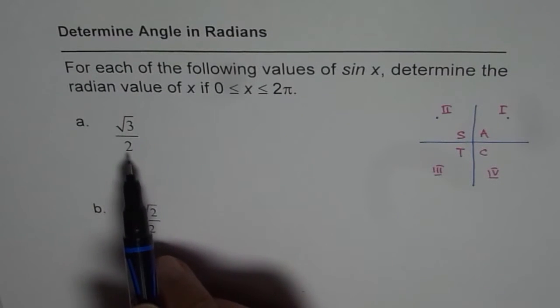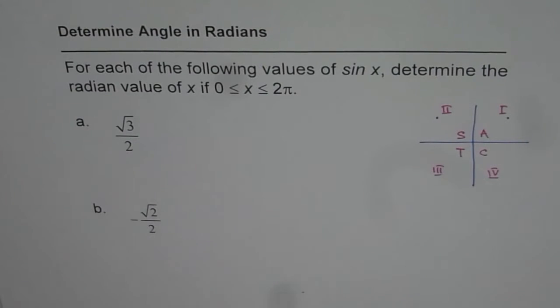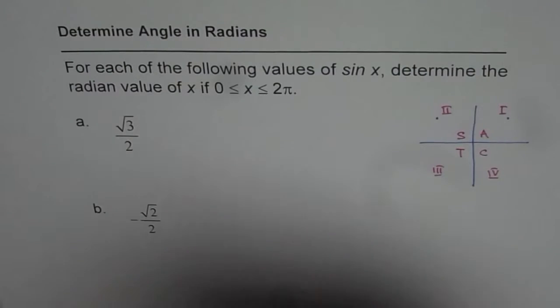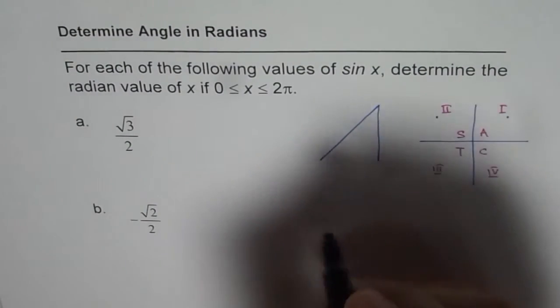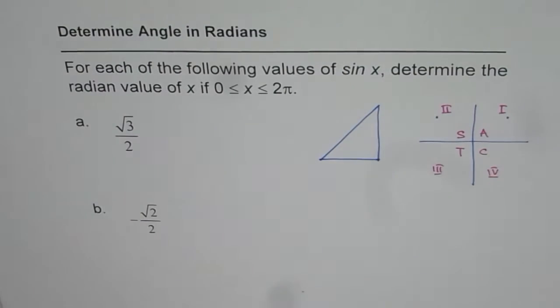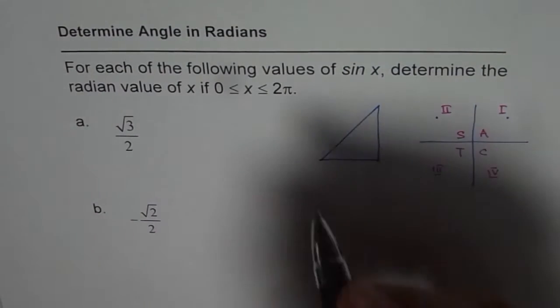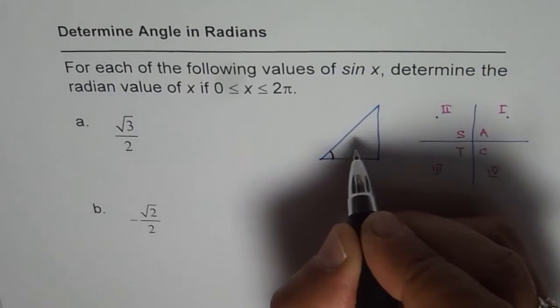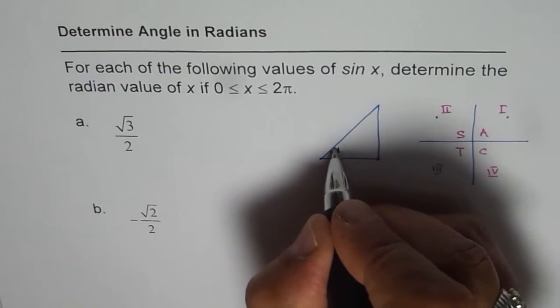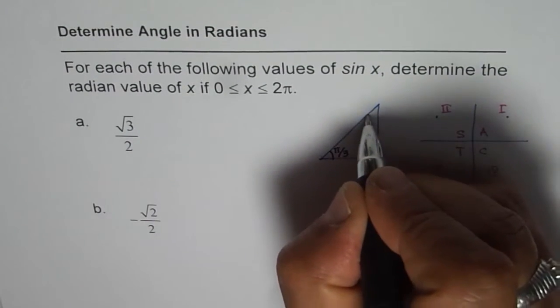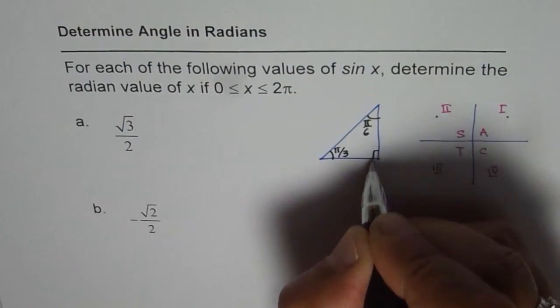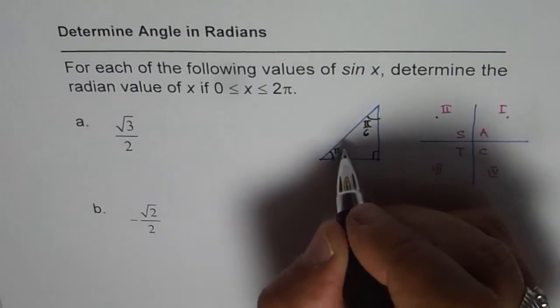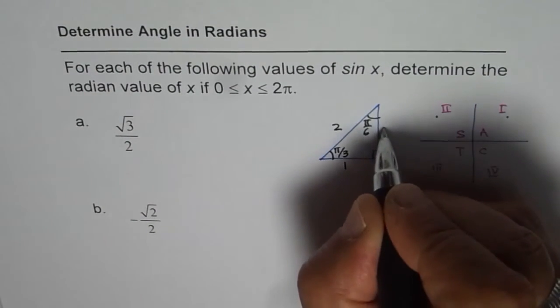Now the value of sine is given as square root 3 over 2. That reminds us of a special triangle, right? So let's draw this special triangle. Special triangle for us is 60, 30, 90. Since we are doing it in radians, we can write this as pi by 3, which is 60 degrees, and pi by 6, which is 30 degrees, and that one is 90. And the sides for this are 2, 1, and square root of 3.